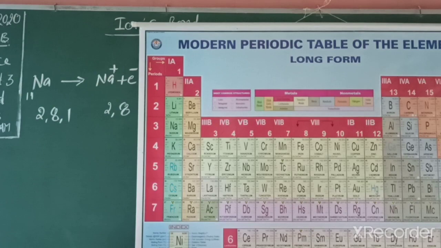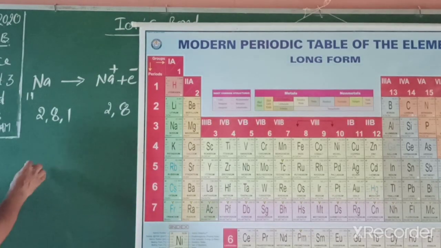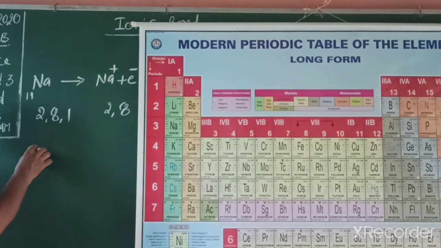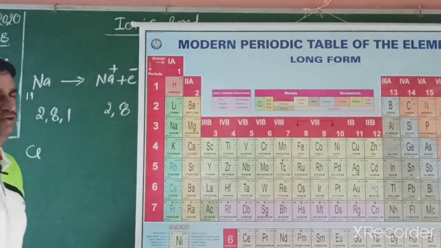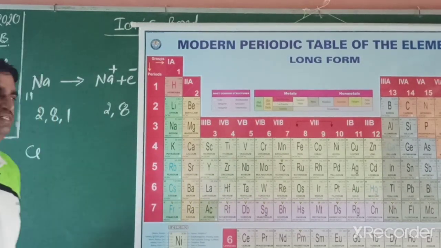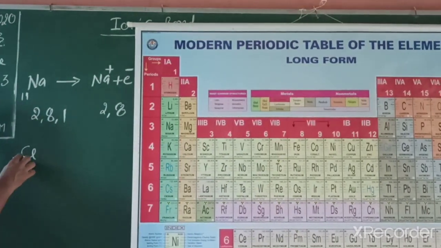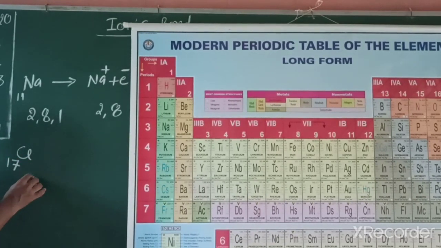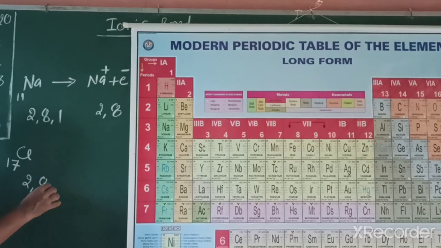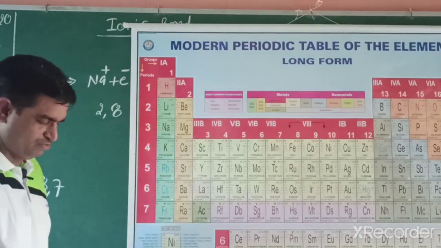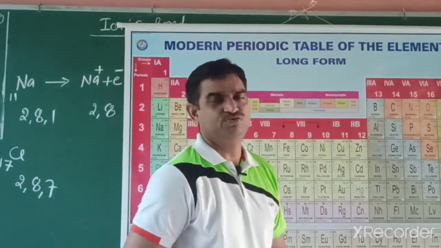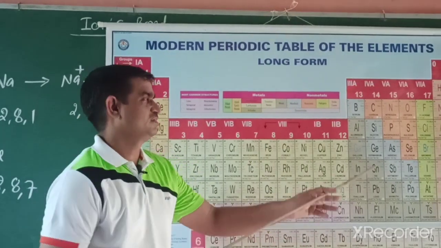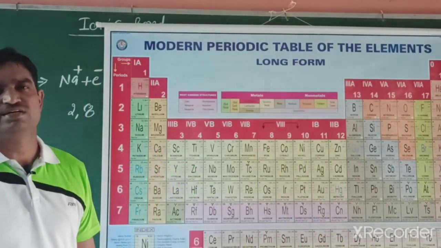Another element we can take is chlorine. You know the atomic number of chlorine is 17. So again write its electronic configuration: 2, 8, 7. In this the last shell has 7 electrons, and its nearest noble gas is argon.